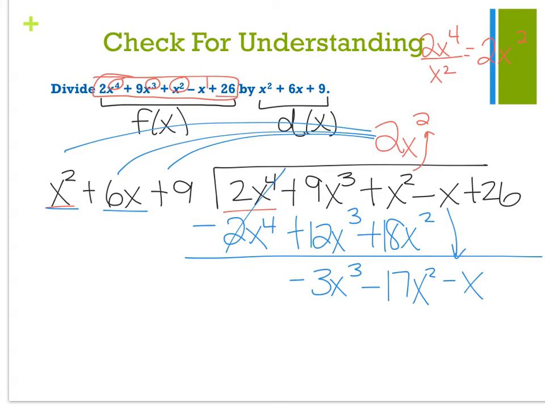Now, if I divide x squared into negative 3x cubed, I take negative 3x cubed divided by x squared. That gives me negative 3x. So I'm going to record that. I've got to erase just a little bit here so that I don't overlap my answer.